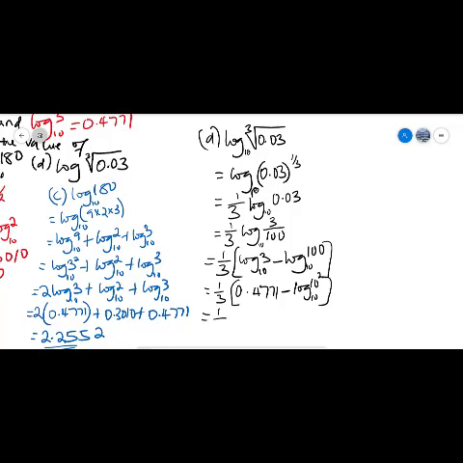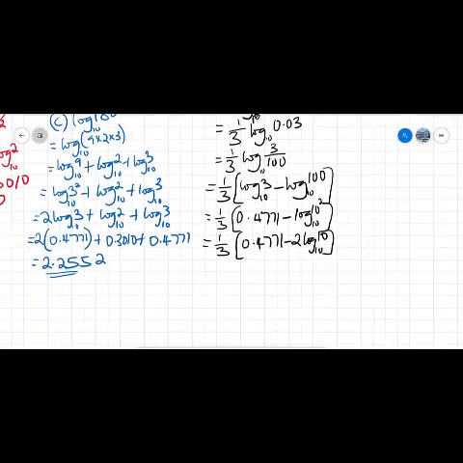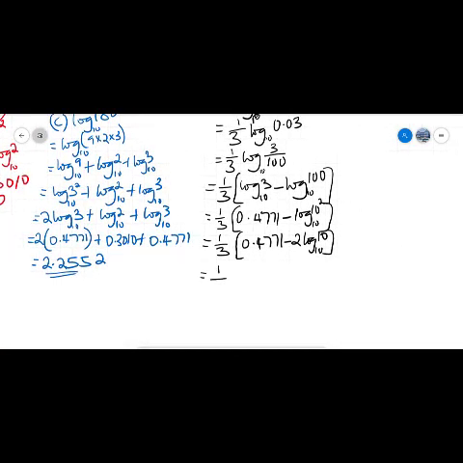Of course, this is 1 over 3 bracket 0.4771 minus 2 log 10 base 10. So now I'm going to have 1 over 3 bracket 0.4771 minus 2, because log 10 base 10 is 1.